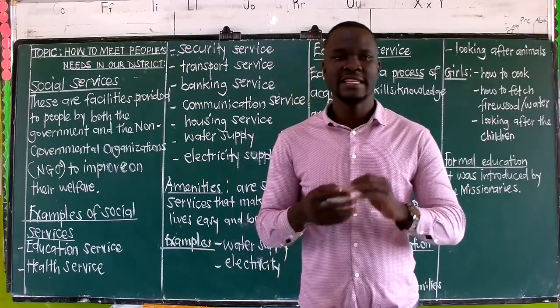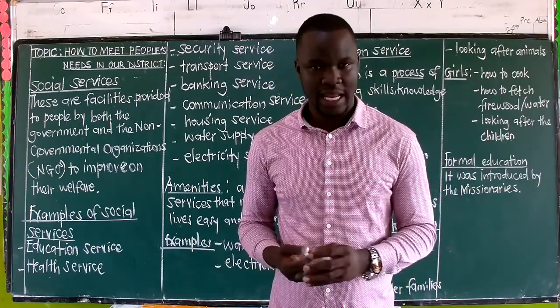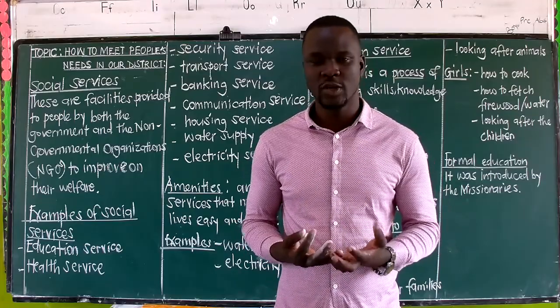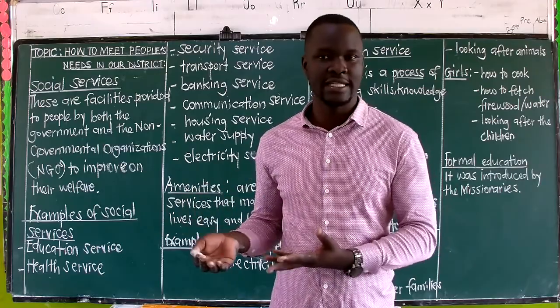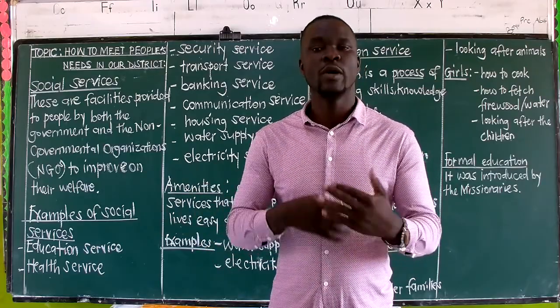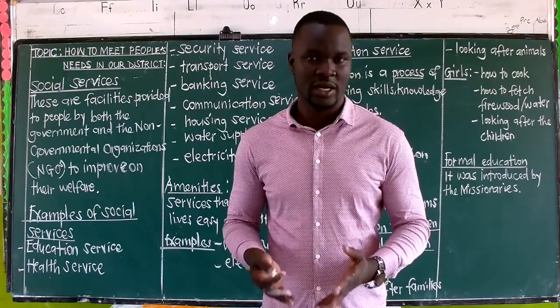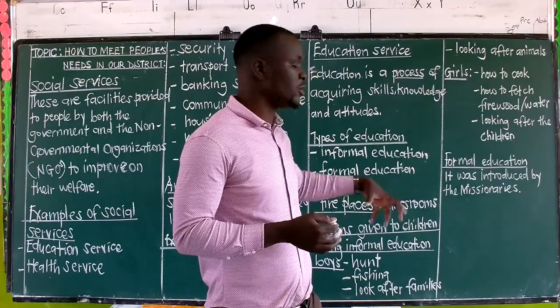So you'll find that these children also were to be trained by trained people. Like I am talking to you, I am a teacher, not just any other person teaching them. That's why when you go to school, you'll find teachers who were trained on how to teach you. So that is what we mean by formal education.